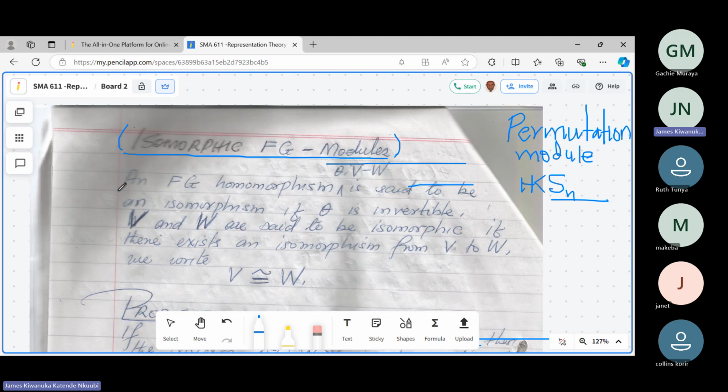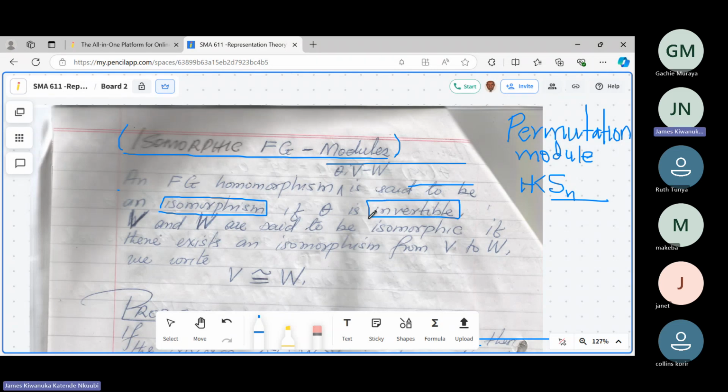So here we defined an FG homomorphism earlier. So now you just need to add one more thing that makes it an isomorphism. And that is, it's a linear map that is bijective. It's 1-1 and onto. So it is equivalent to saying that the map is invertible.